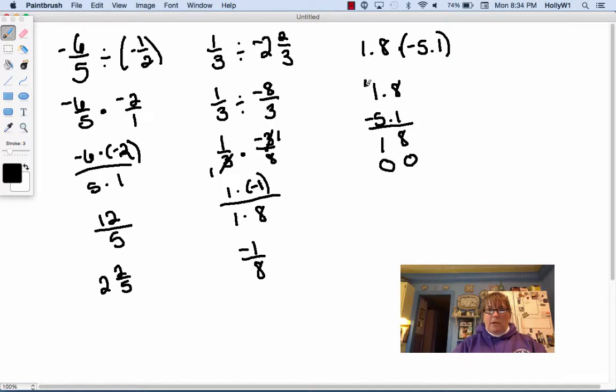So 0 there, carry the 4. 5 times 1 is 5. Plus 4 is 9, which will give me 918. And I count out the number of decimals, and I have 2 decimals. I start at the right, go over 1, go over another, and I get -9.18. Again, let's verify that that's correct. This is negative, and it is because we have a positive times a negative.